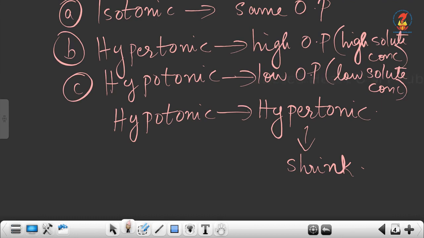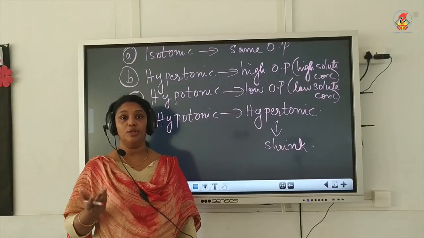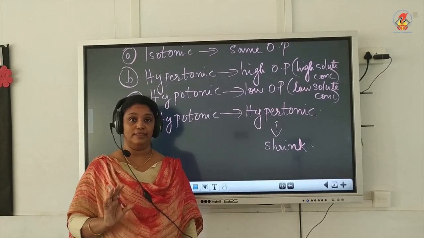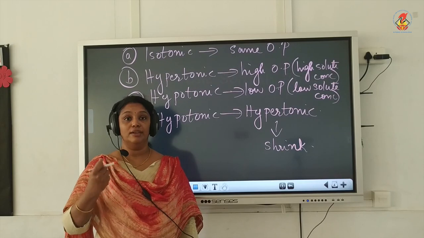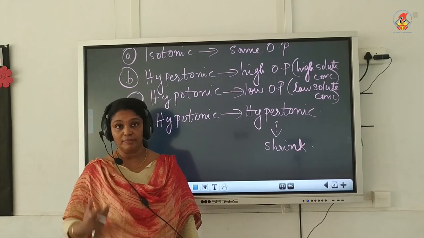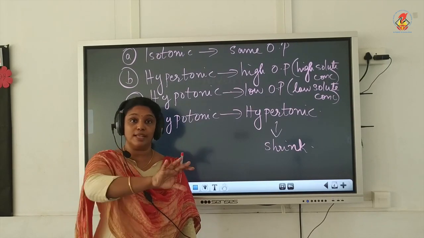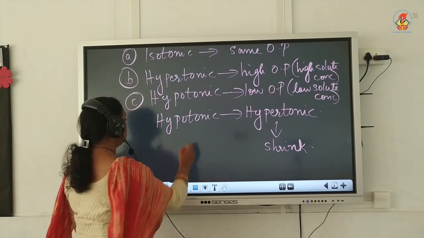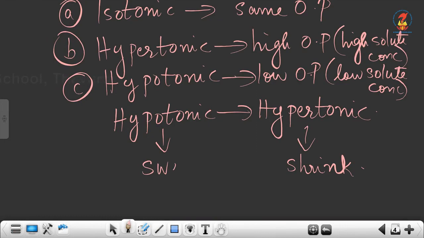Now suppose we add a substance to a hypotonic solution. A hypotonic solution has less concentration of solute particles. So what happens? The water will flow from the hypotonic solution to the substance and the substance will swell. So if the solution is hypotonic, the substance will swell.